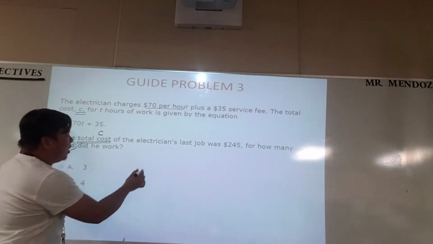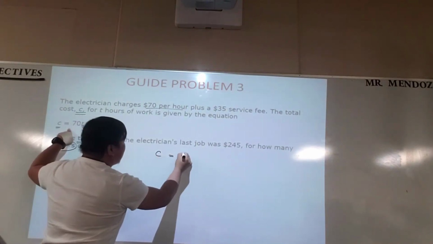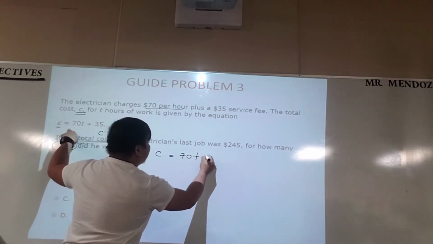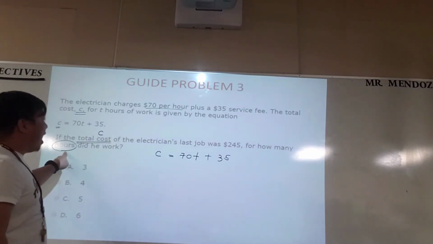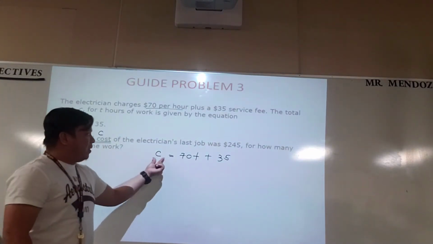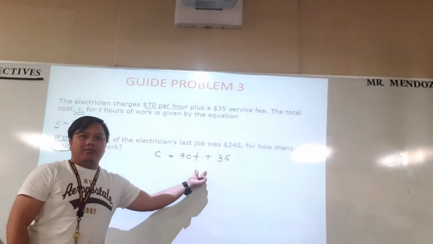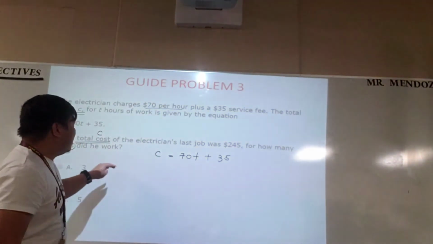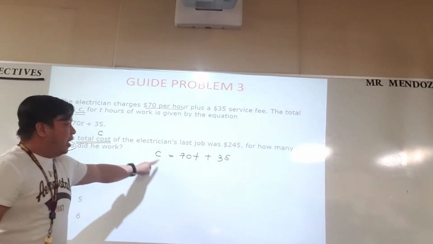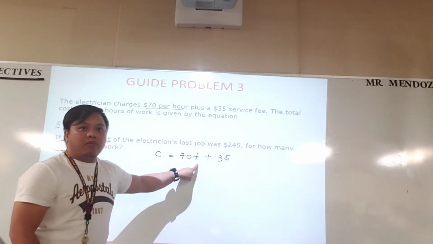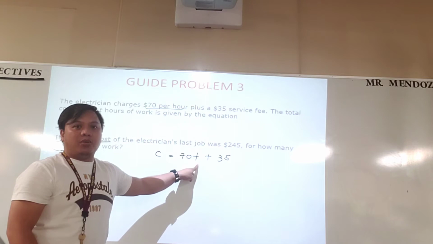So in the equation that we have, C equals 70T plus 35, the question is how many hours. Is it going to be C or T? It says a while ago that C is the total cost, and T here is the number of hours the electrician would actually work.